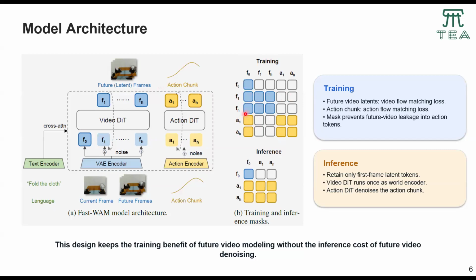And the action branch cannot see the future video frames. It's a kind of causal attention mask because in real robot control, the current action cannot see the future state, future observation, and it's a constraint.